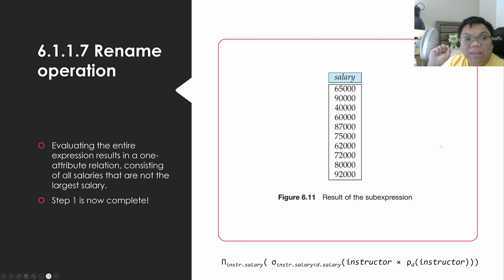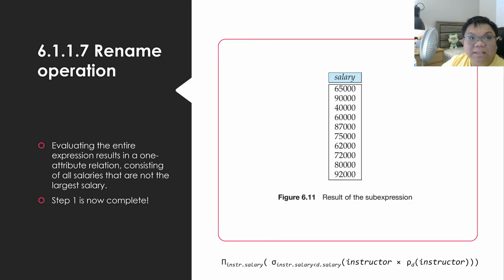Oh, by the way, you might be wondering, there were several salaries that were duplicates. And for simplification purposes, this is just from the definition of a set. A set disallows duplicates.